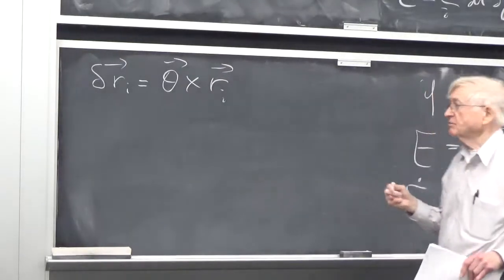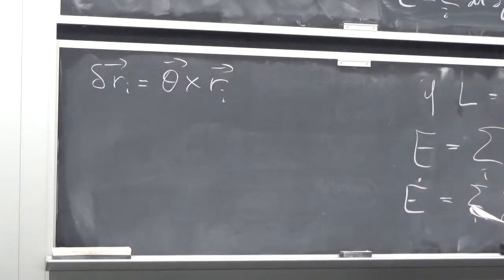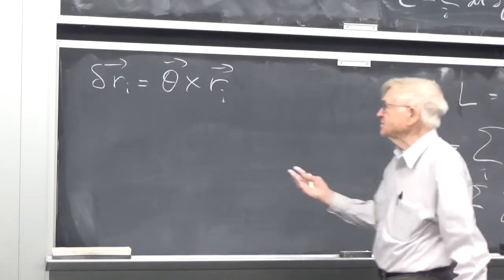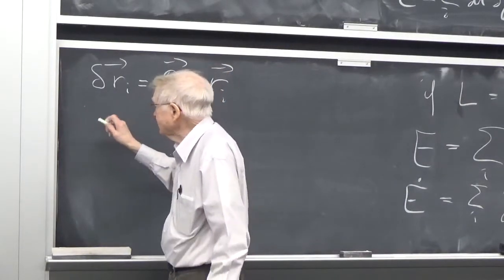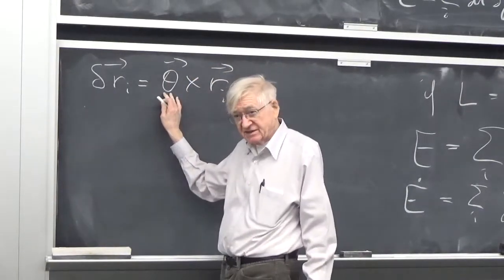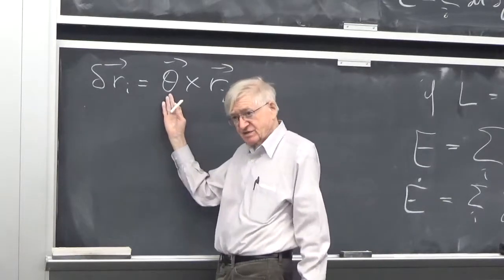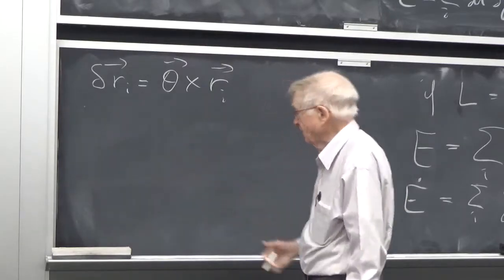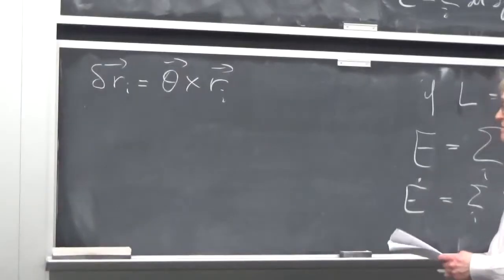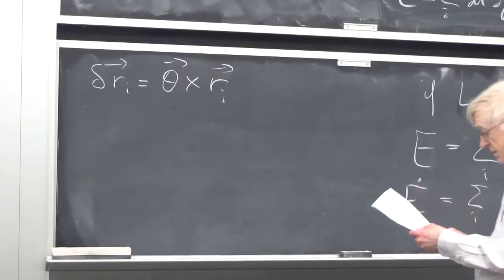That's a rotation of magnitude theta. The amount of the rotation is the length of the vector theta. The axis of rotation is the vector theta. And this is a right-handed rotation about theta. So the change in the Ri's are that.